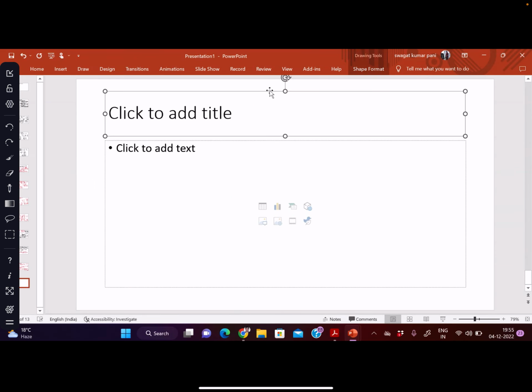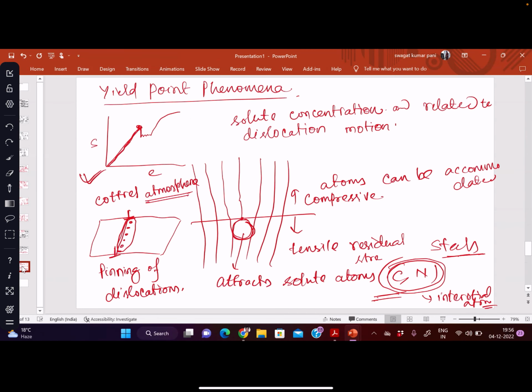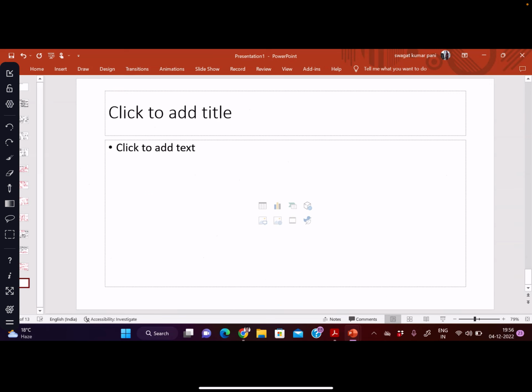And sir, there is one question in the chat box: how do vacancies affect the uniform elongation? Okay. So if you have vacancies, what happens during a tension test? They will coalesce. If vacancies are close together, they will coalesce and form a void. Then that area will be a weak region.